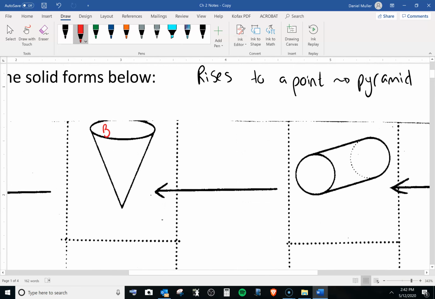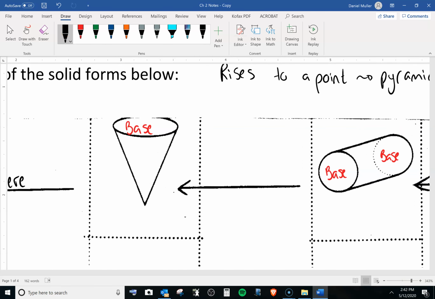This is the base. I realize this is up top, but this is the base, just like over here, this is the base. Either one of these actually could be labeled the base. But here we've got a circular base, and then it rises, or in this case lowers, but it rises to a point. So if you're going to name this, you always start with the name of the base.